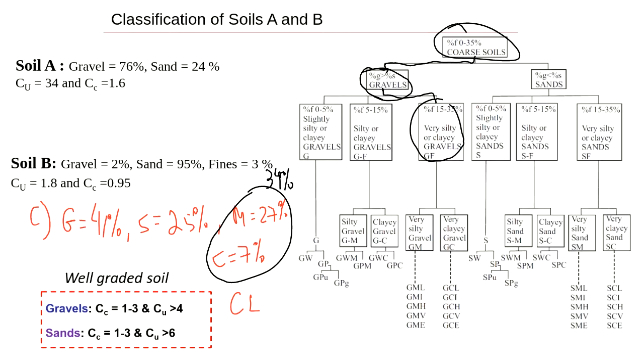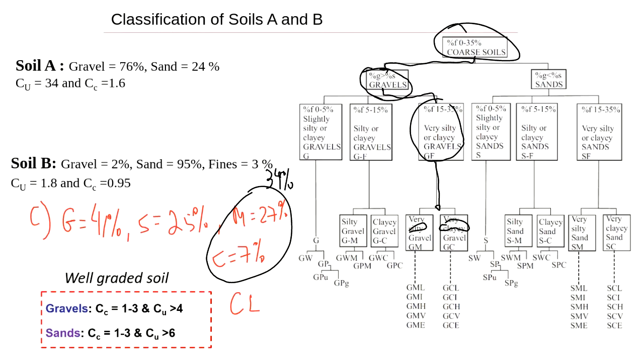And then we come to these two options. And this is where students make mistakes. You have the option of silty gravel or clayey gravel. What they do is just look at what you have more, silt or clay, and then they say, okay, it's going to be silty gravel, and that's the end.